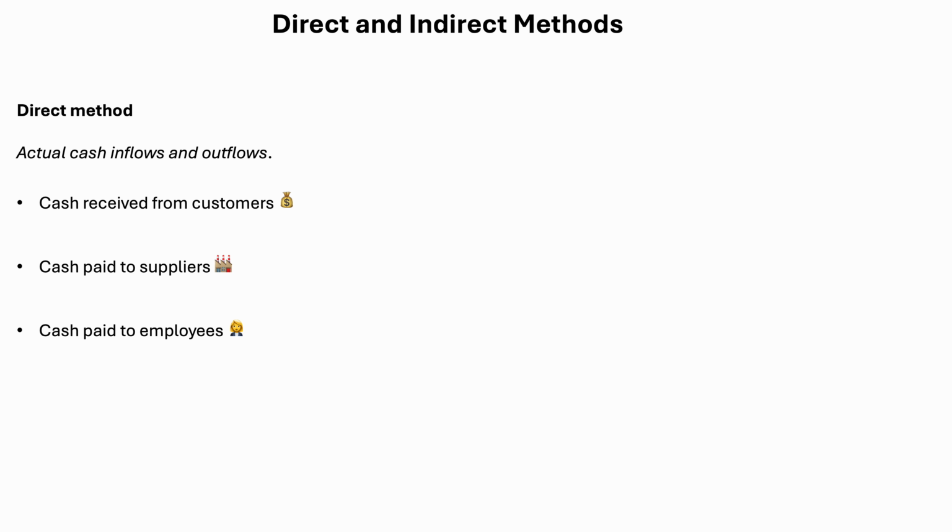For example, cash received from customers, cash paid to suppliers, cash paid to employees, cash paid for interest and taxes. This method is very clear and easy to understand because you literally see where the money comes from and where it goes.